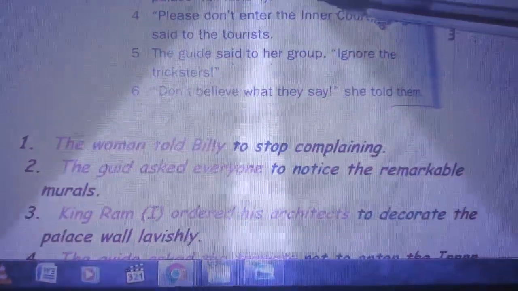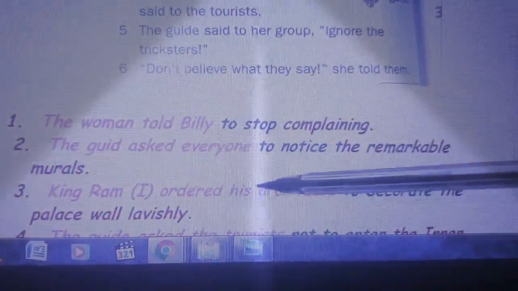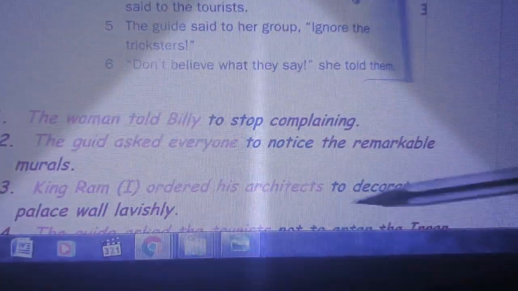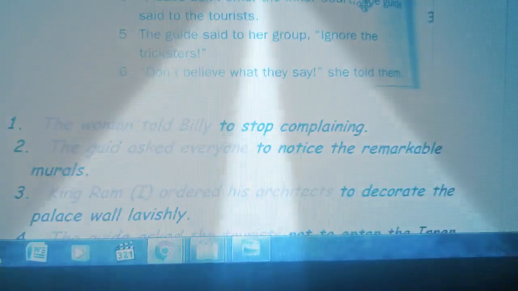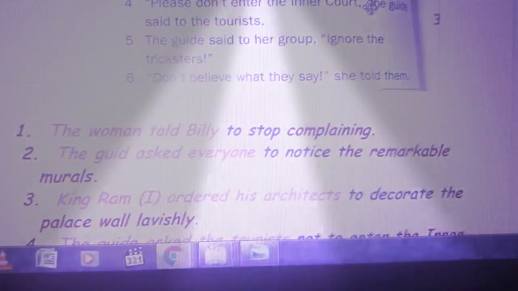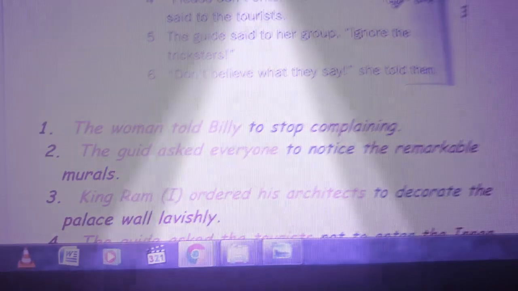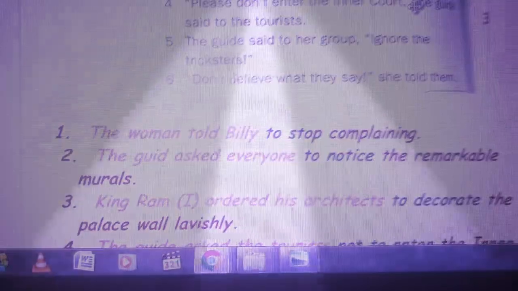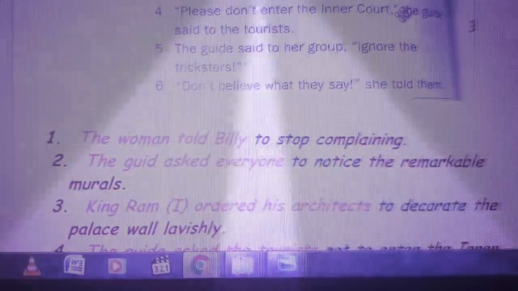Okay, so it's going to be King Ram first ordered his architects to decorate the palace wall lavishly. See, notice here, whenever you have an affirmative, you use what? To verb infinitive. Whenever you have a please in a sentence, you do not use told, you use asked.